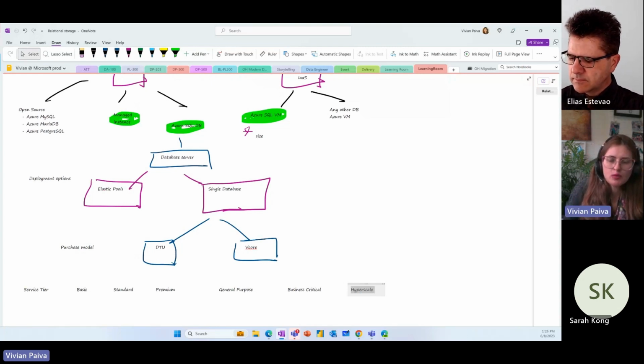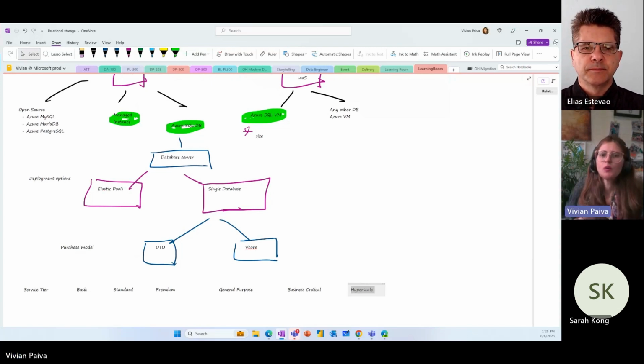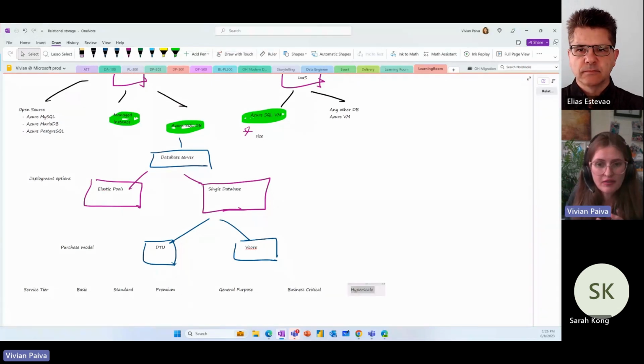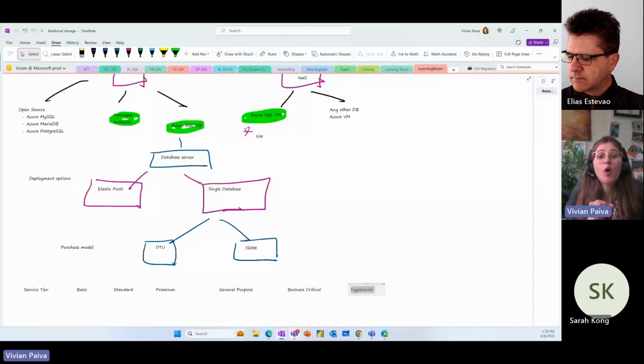With DTU, we are provisioning, so the performance is determined by the combination of compute, storage, and IO resources, which means you have less control over paying only for what you want. You cannot really choose.